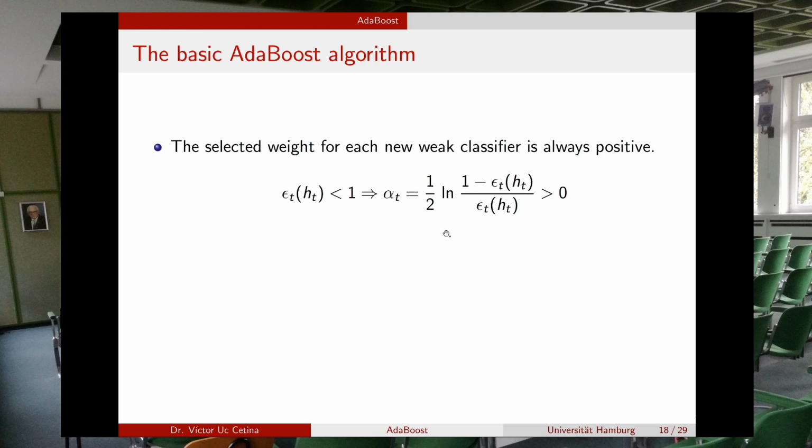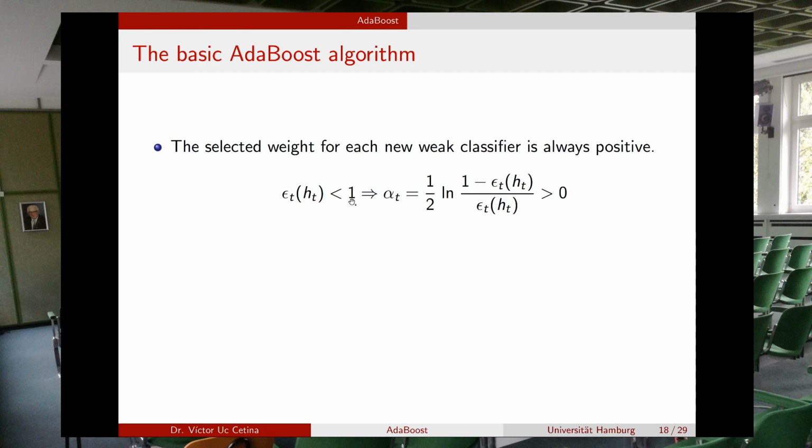So first, let's see that the error should be less than 1 for any given weak classifier. Okay, and if that is true, then our alpha, which is computed using this expression here, will be a positive number. So this is something true that you can verify with every value of epsilon that is less than 1.